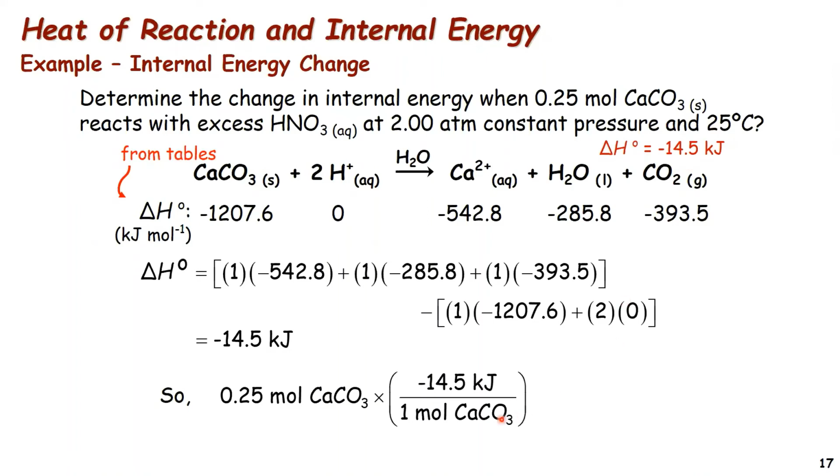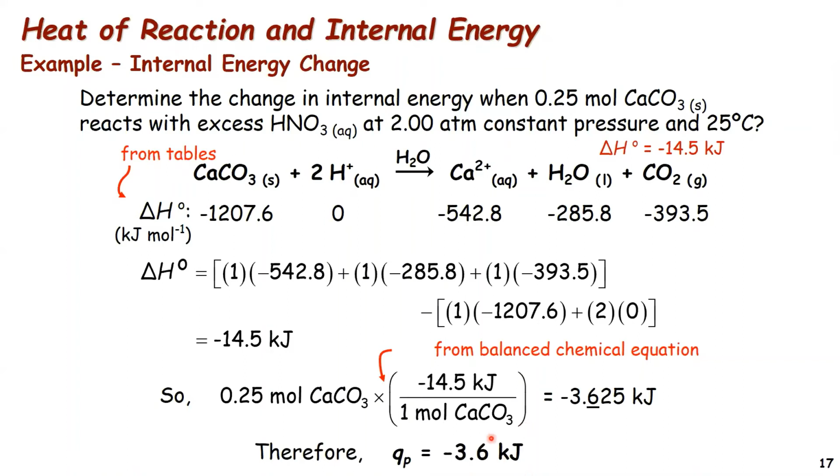Again, this is our molar energy ratio, which comes from the balanced thermochemical equation. The moles of calcium carbonate cancel. And your final answer is going to be negative 3.6 kilojoules. So that is the amount of heat lost then in this reaction.